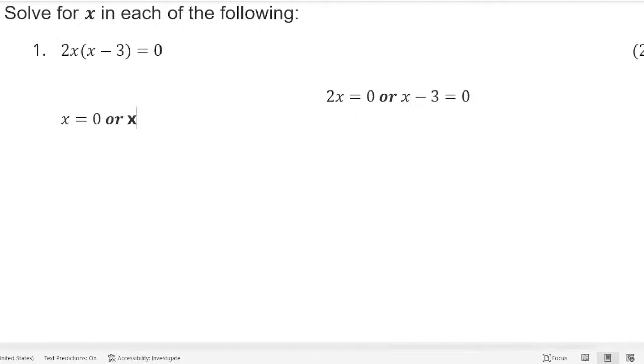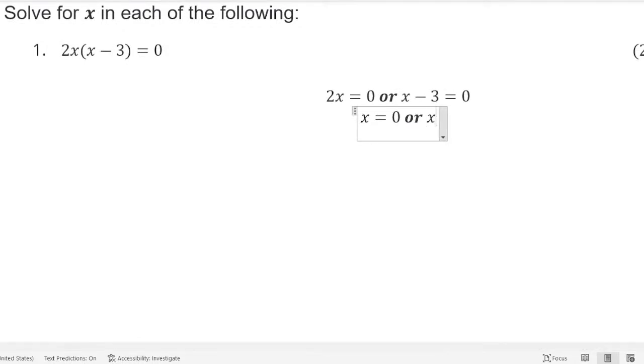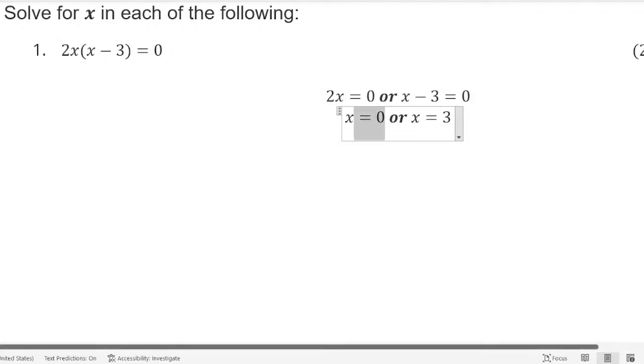So it's going to be x is equal to positive 3, because the 3 was negative 3 on the left hand side. Now when you send it to the right hand side, it becomes positive 3. So we have these two equations, x is equal to 0 or x is equal to 3.